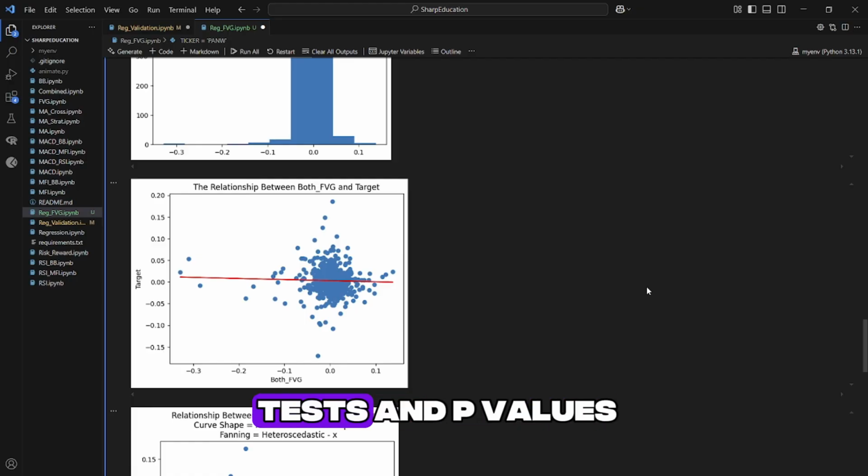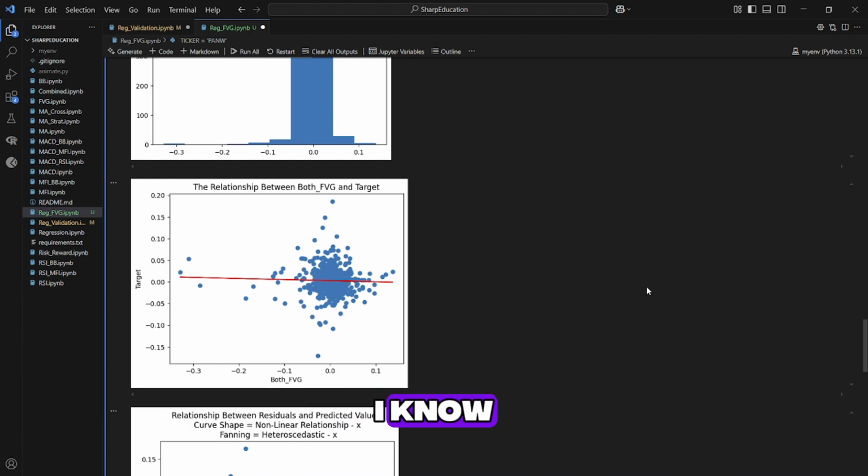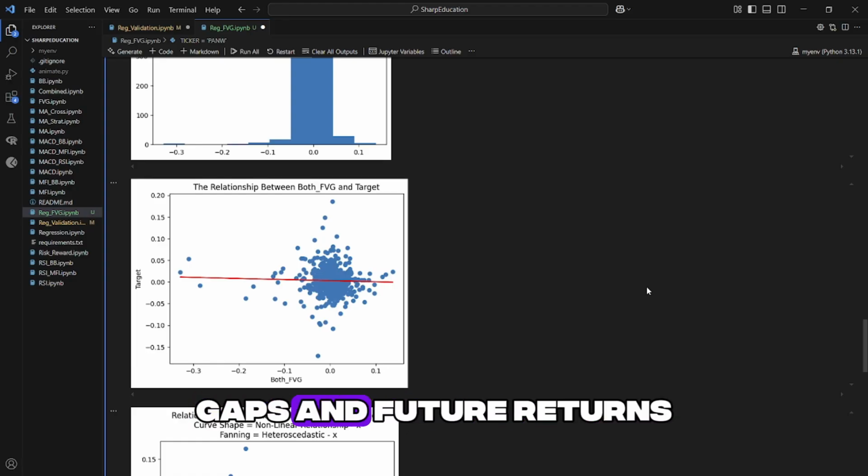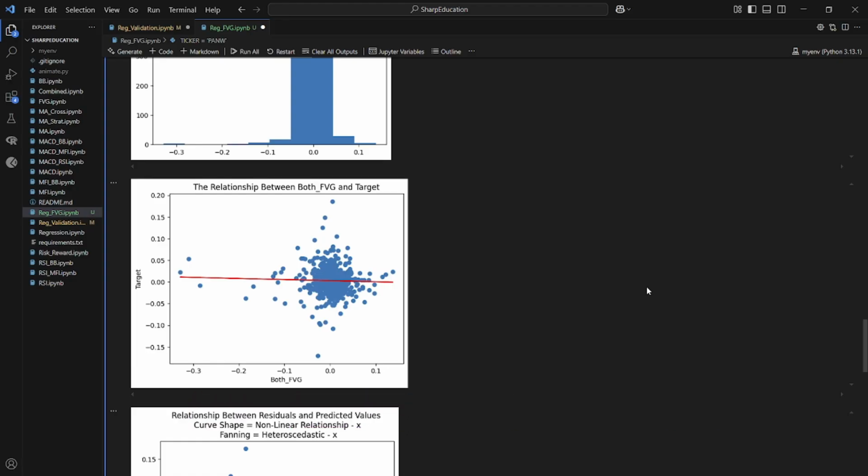We're going to be talking about t-tests and p-values very soon. Congratulations for sticking around for this long. I know it might be interesting to you, actually. I found this super interesting, for there to be no really strong relationship between fair value gaps and future returns over the next period.